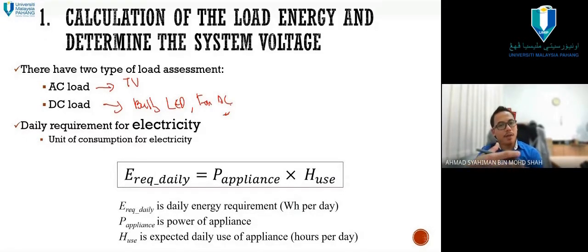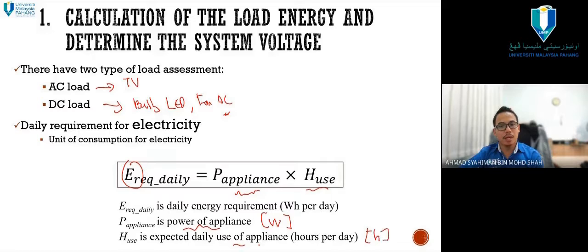So daily requirement for electricity, unit of consumption for the electricity is in the energy. Okay, so energy means what? P appliances is the power of the appliances, confirm lah, this is watts, and H use is the expected daily use of appliance in hours per day, that's why hour.